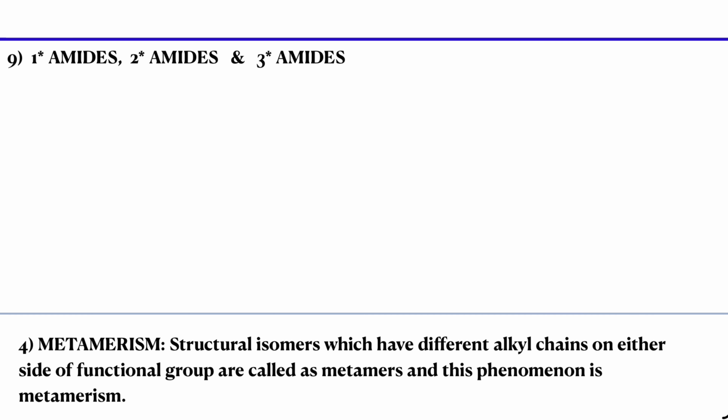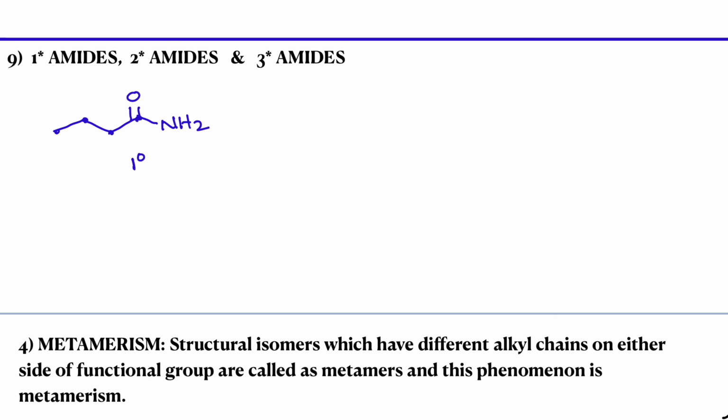Next type of functional group isomers are 1 degree amides, 2 degree amides and 3 degree amides. Every time we are saying isomers, so they must have the same molecular formula. Here I am taking an amide with 4 carbon atoms, and the structure I am writing is like this. In this, if you see the classification, this is a 1 degree amide because here we have an NH2 group.